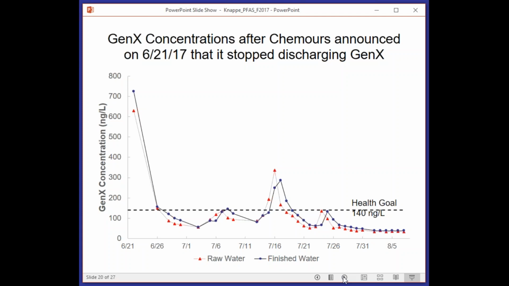So one of the key points that I want to make in this particular slide is that it's very challenging with just a few grab samples, for example, quarterly sampling or even monthly sampling, to have a representative picture of what's going on with respect to industrial discharges, which can often be episodic in nature.